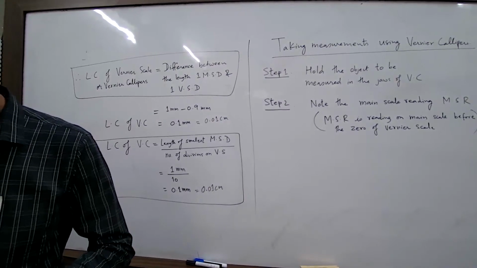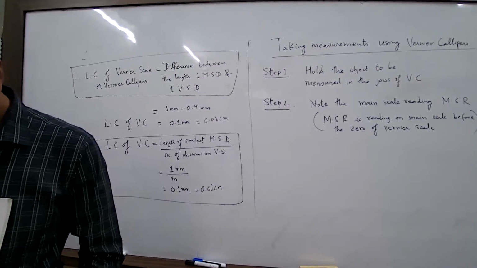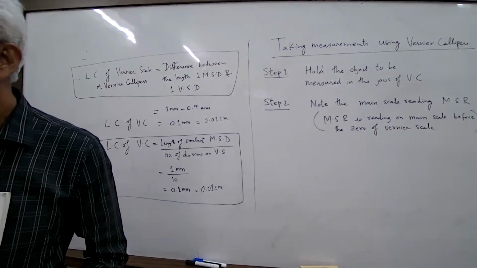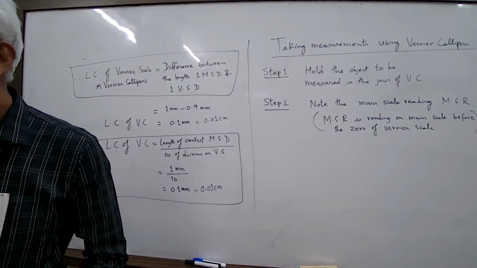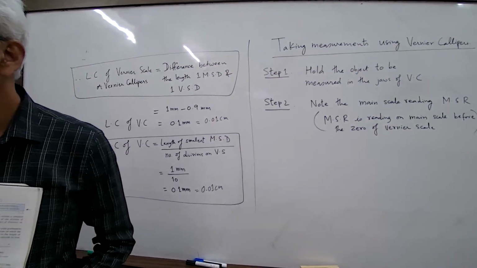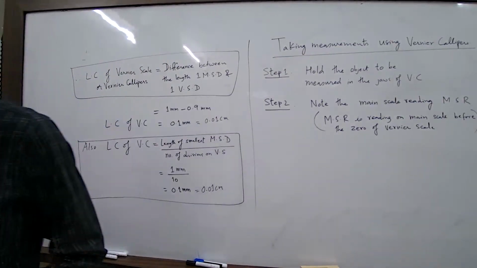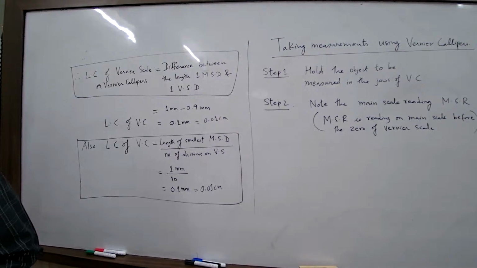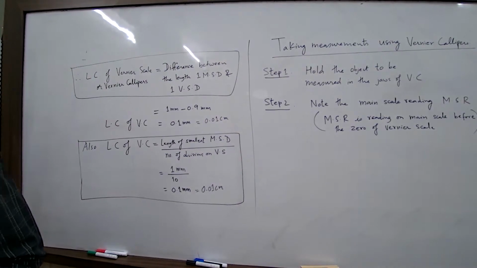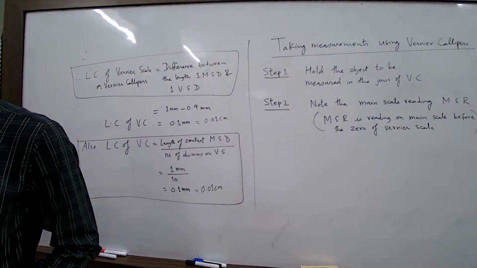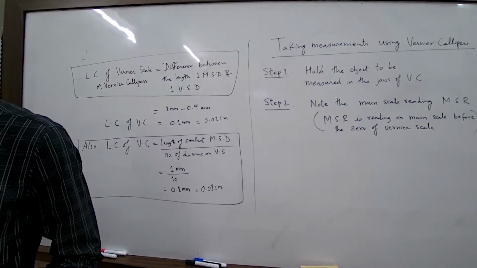On the main scale, where does the 0 of the vernier lie? Figure 1.2, you see. Did you get figure 1.2?